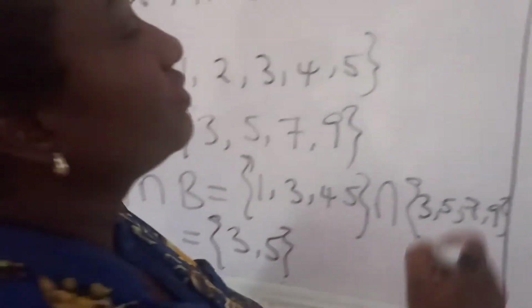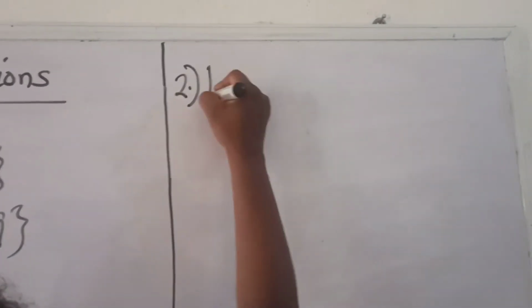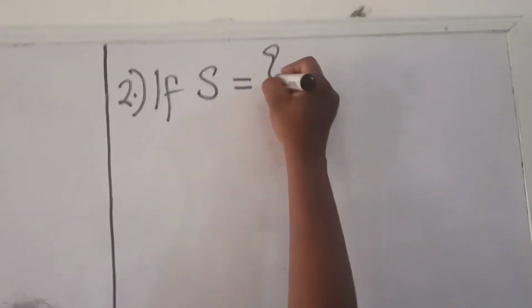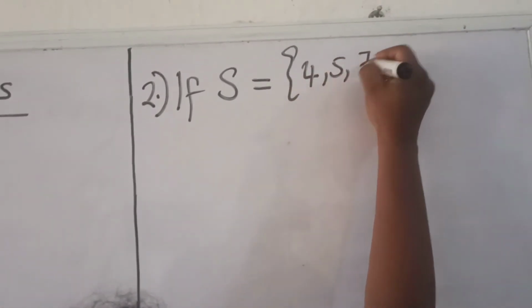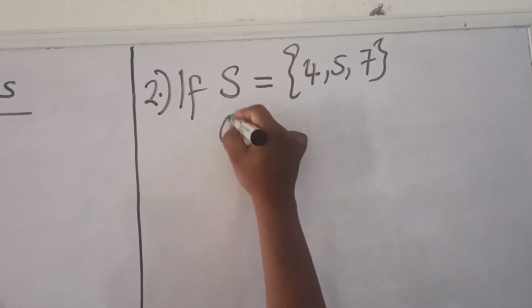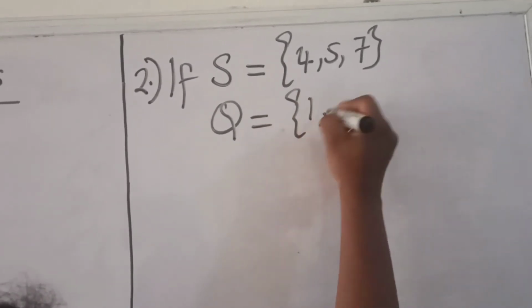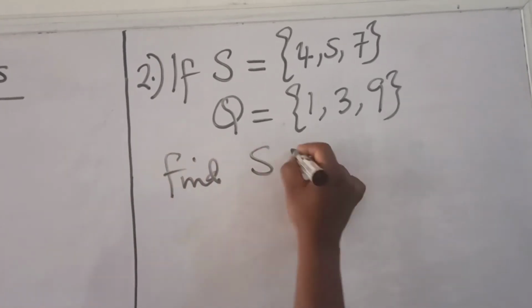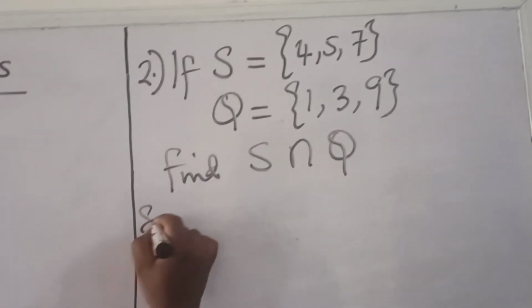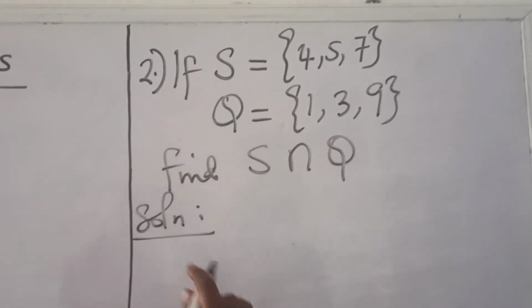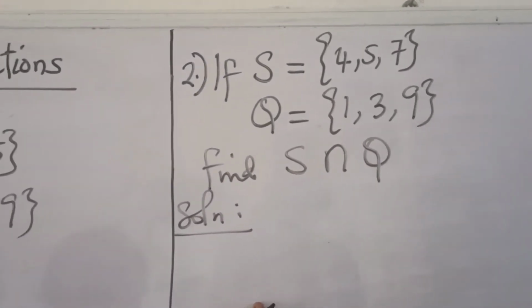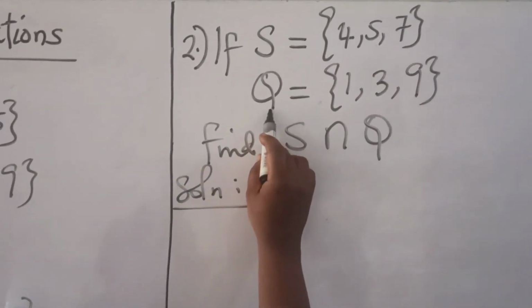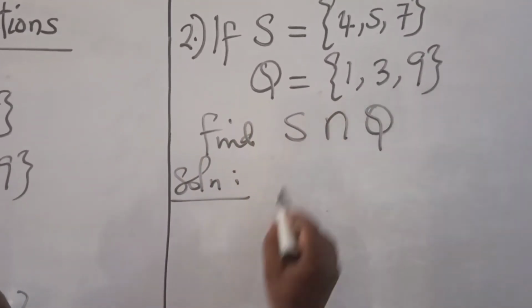Number two, if set S is equal to 4, 5, 7 and set Q is equal to 1, 3, 9, find S intersect Q. Now, if we look at these two sets, we will see that set S has the elements 4, 5, and 7, while set Q has the elements 1, 3, and 9.